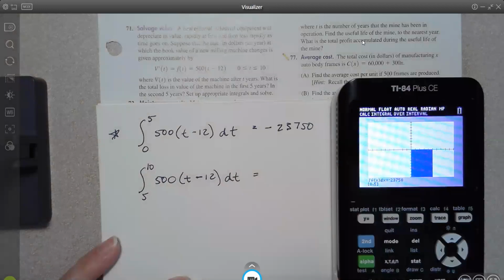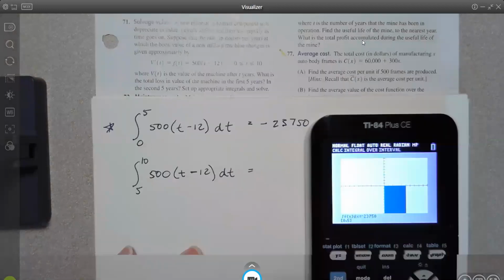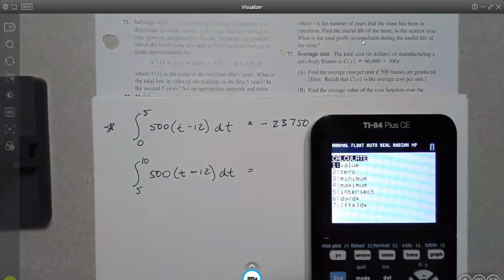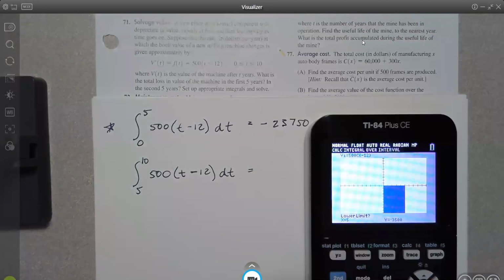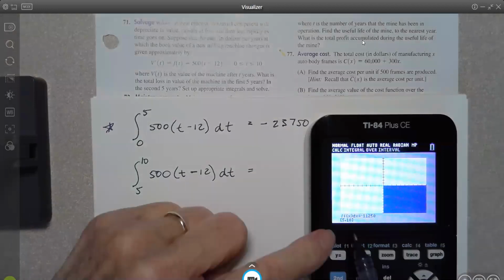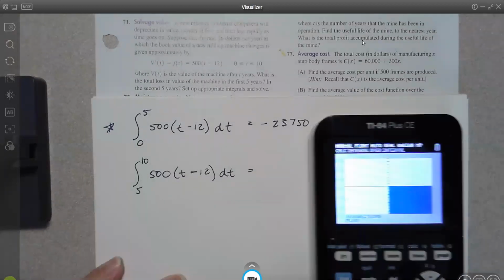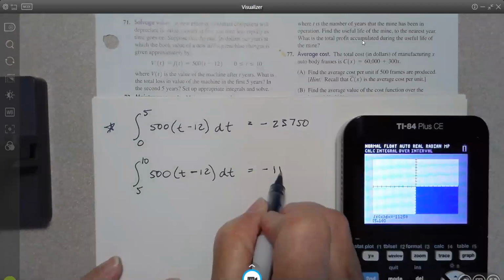Now, if I go back right now and get the second part of it, it looked like the whole thing is shaded, but I did tell it, if you notice, right under my answer, the interval I want it to do is 5 to 10. So see if you come up with that on that second part.